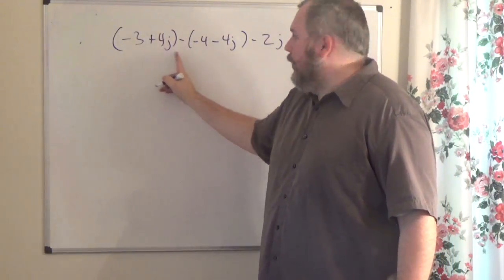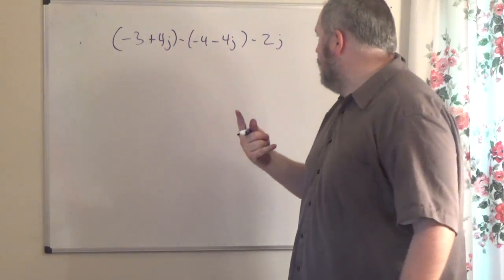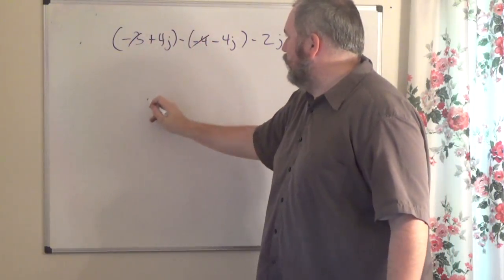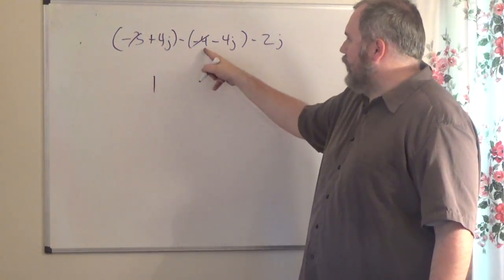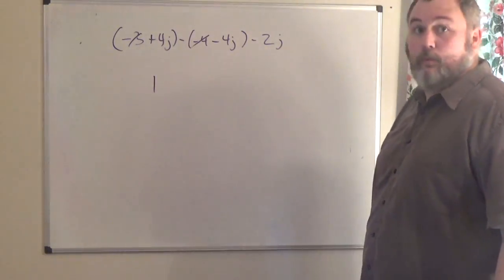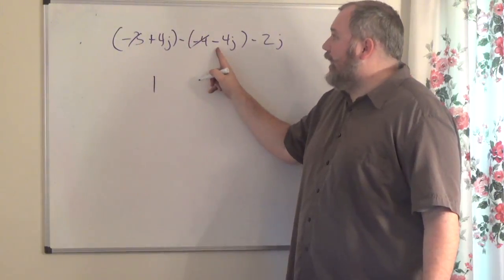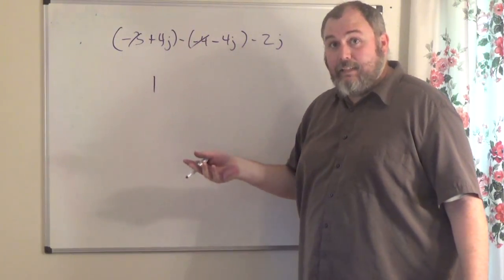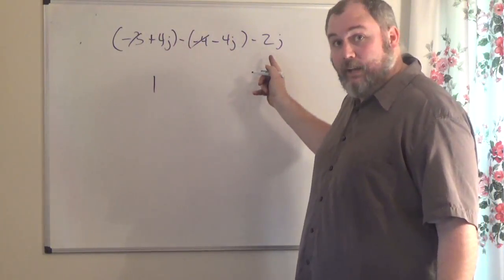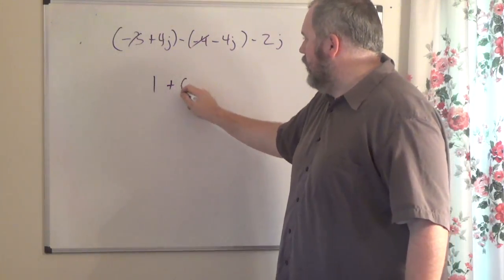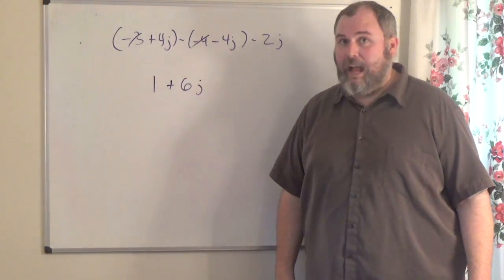Negative 3 minus a negative 4 is basically saying negative 3 plus 4, so that gives me 1. Make sure: negative 3 minus a negative 4 gives me a positive 1. Very good. Now we're going to combine our j's. 4j minus a negative 4j gives me 8, because minus a negative is positive, so 4 plus 4 is 8. Minus 2 again gives me plus 6j. So nothing hard on that one.